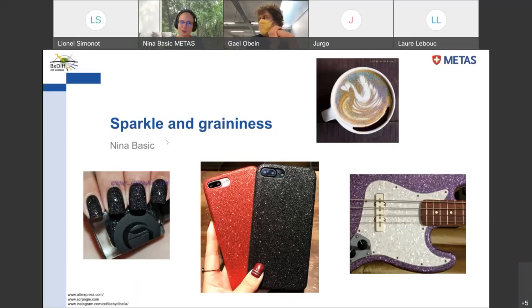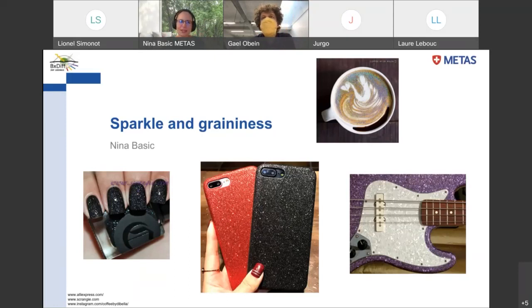We have it from the cosmetics, we have it on just shiny things. You can even have a coffee that is sparkle for the extra effect. So we're dealing with this every day, but our question today is, how do we measure it? How do we deal with this texture visual effect?